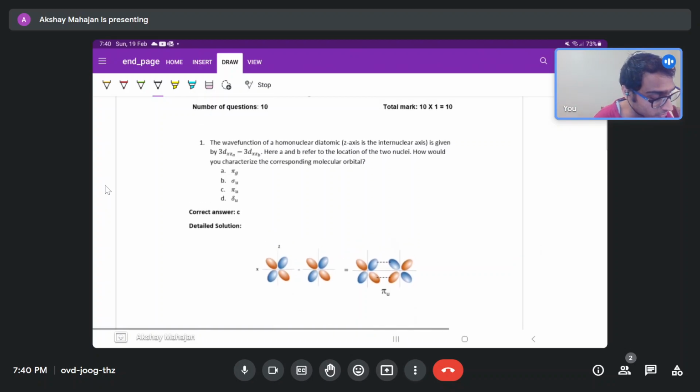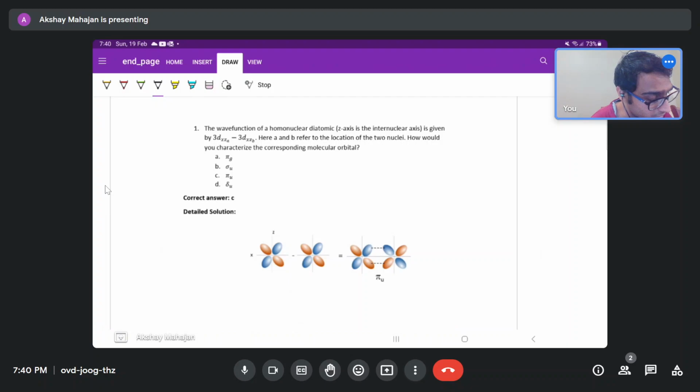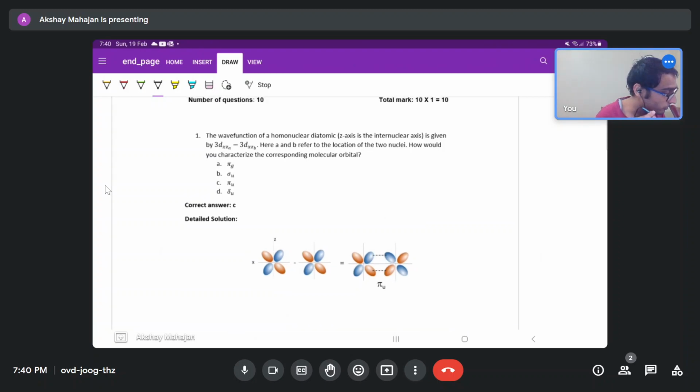To solve this question, we have 3d xz on atom A and 3d xz on atom B. In this homonuclear diatomic, both are dxz orbitals, so they are of the same symmetry, and we will combine them.